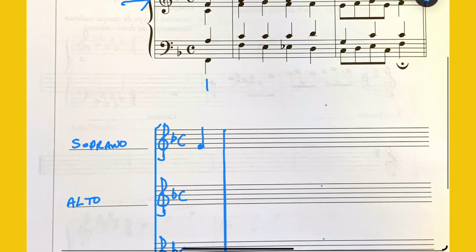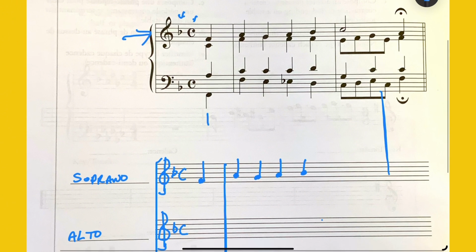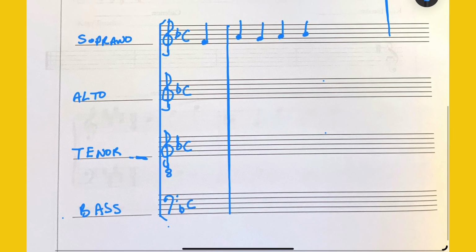Okay, the next one, we have an A, a G, an A, and a B. Stem rules apply. Okay, let's draw our bar line going down.